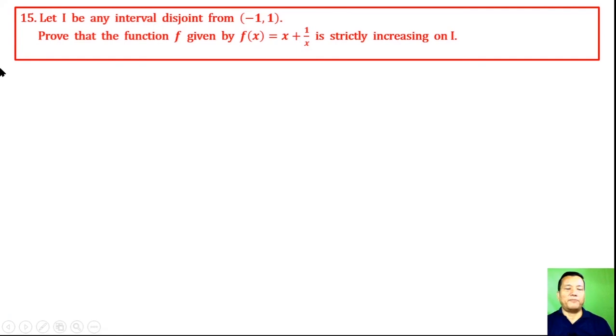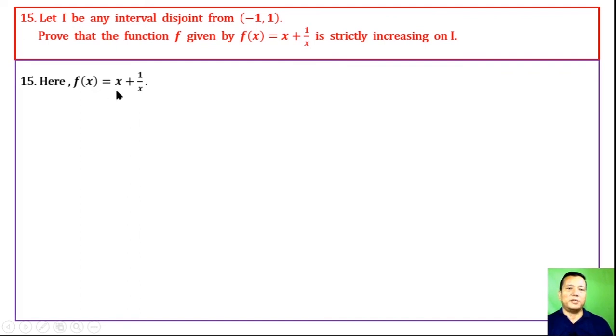For question number 15, let I be any interval disjoint from -1, 1. I is also an interval which is disjoint from the interval -1, 1. Prove that the function f given by f of x equal to x plus 1 by x is strictly increasing on I. Let us prove.